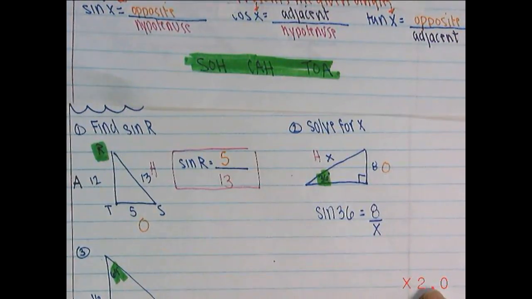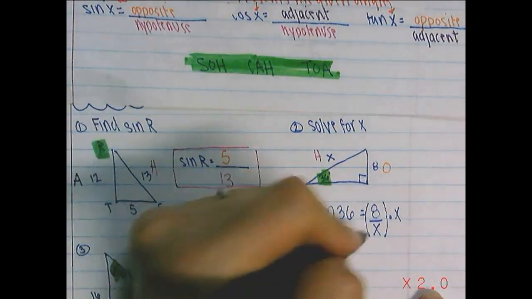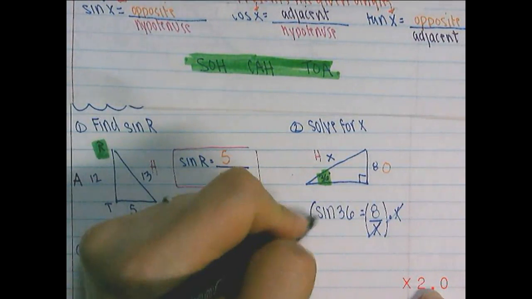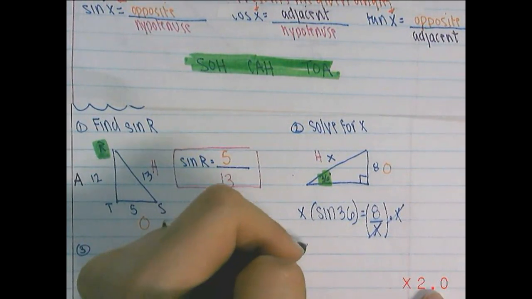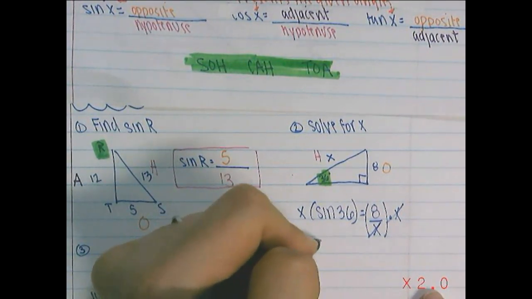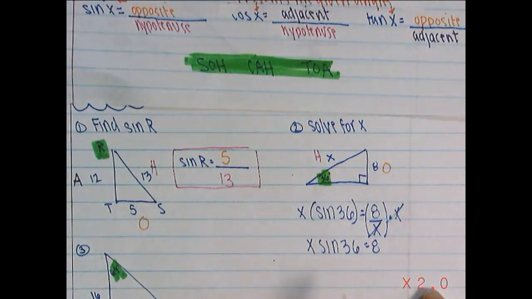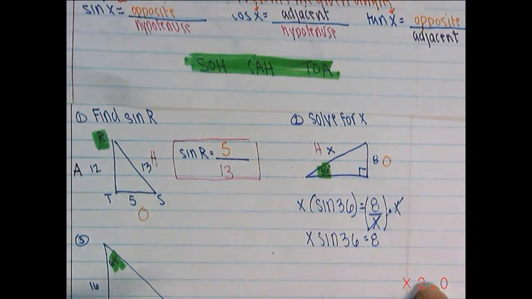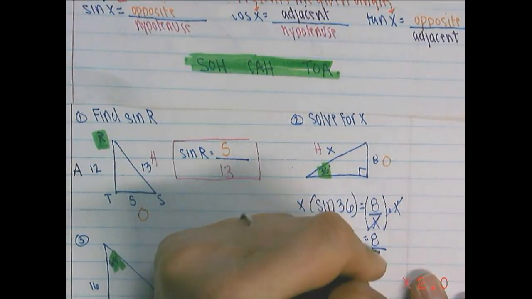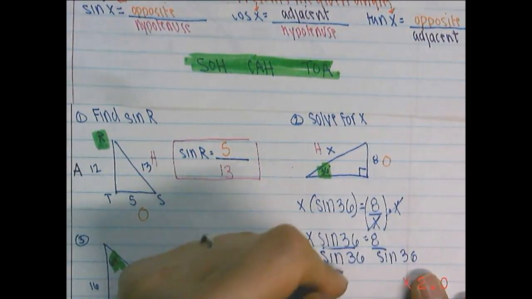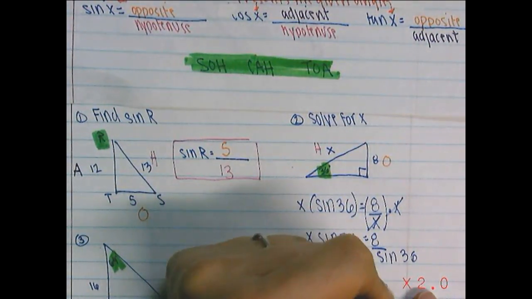Well, now I have to start solving. I need to multiply by x in order to get rid of it, and what I do to one side, I have to do to the other. So then I have x sine 36 equals 8. I need to get x alone because that's what I'm trying to solve for, so I divide by sine 36 on both sides, and I get x equals 8 over sine 36.